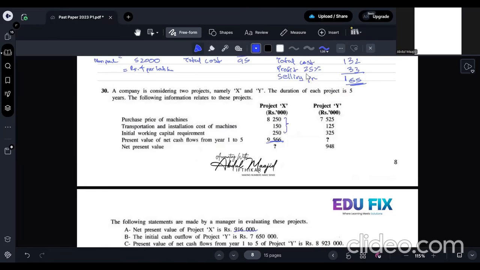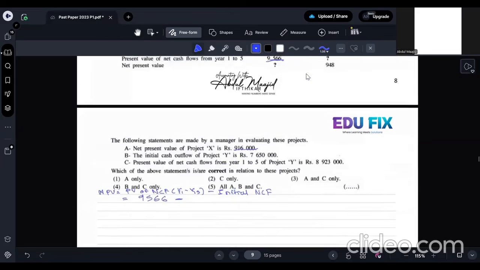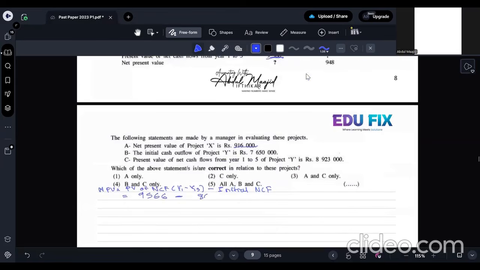And what will be the total initial cash outflow of project X? 8,250 plus 150 plus 250, that is 8,650. Then if you deduct the initial cash flow 8,650, how much will be your NPV? That is 916. Therefore, statement A is correct.